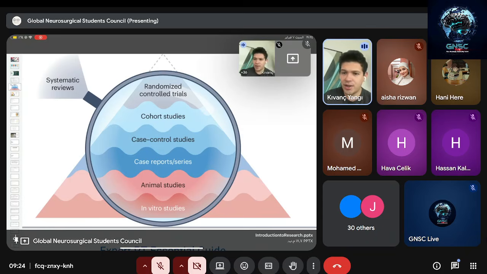Although the PICO question is not suitable for case reports or series, it's definitely suitable for case controls, retrospective and prospective cohorts, and RCTs. As you can see in the evidence-based medicine pyramid, when you go up, your level of recommendation increases. So it's very important to ask a correct PICO question in case controls, cohorts, and RCTs, all right?